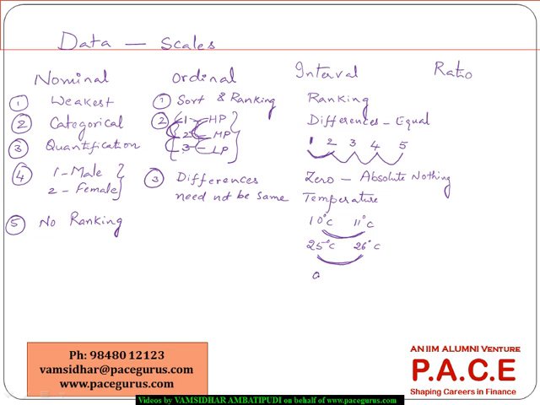But when I say 0 degrees C, it doesn't mean that there is no temperature. It only talks about the freezing point of water. It's not an absolute 0, because when I convert the same 0 degrees C into the Fahrenheit scale, it gives me something else, 32. It's not giving me an absolute 0 in a different unit of measurement.